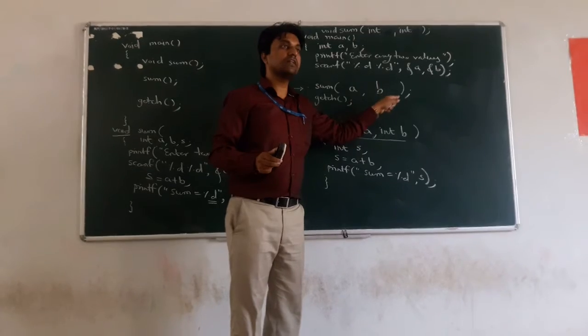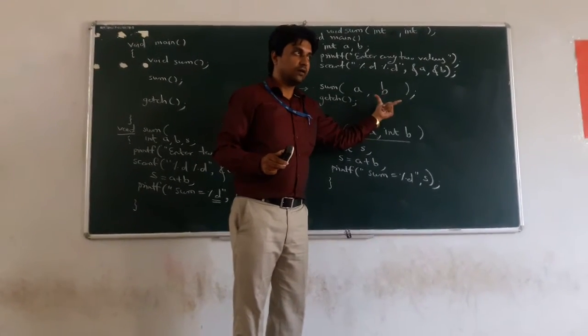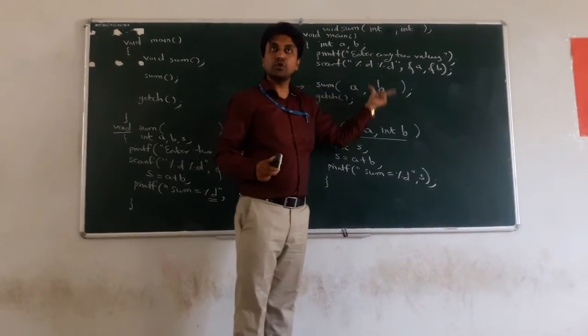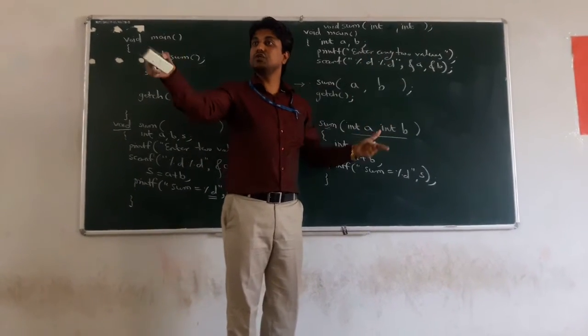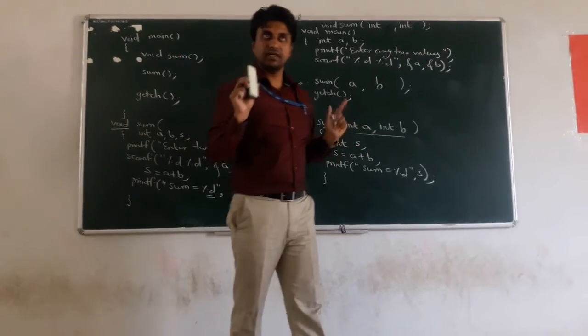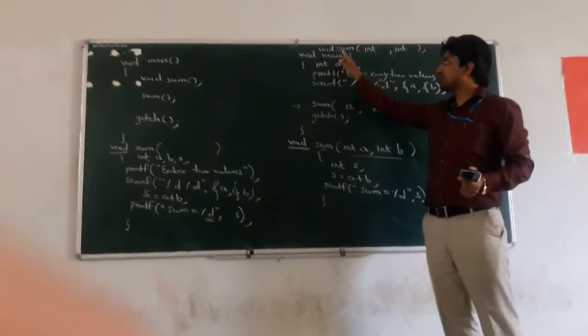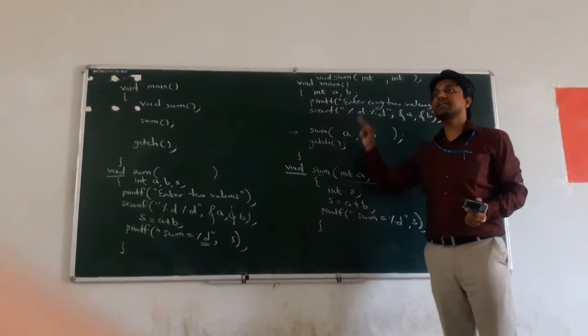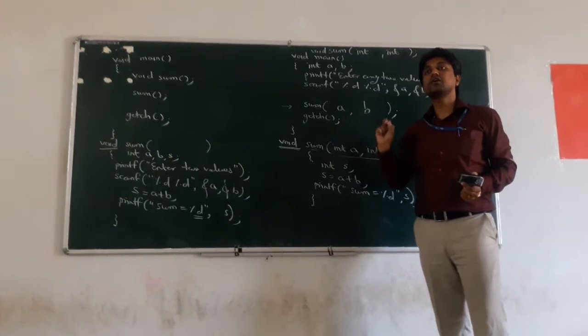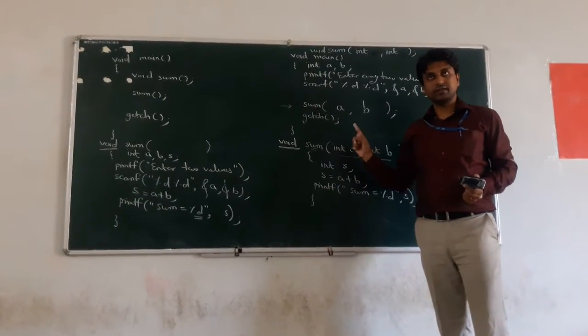But if you pass a third variable which does not match your function prototype, then it gives you a syntactical error. Clear? So for that purpose we have to write the function declaration, which is also called the function prototype.